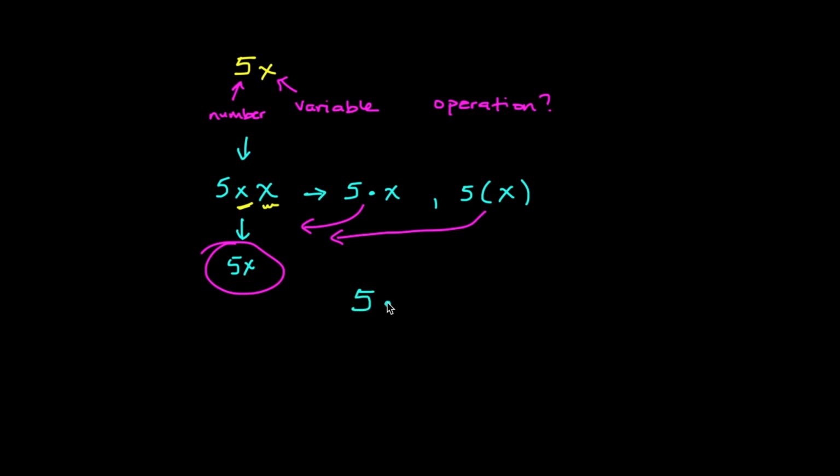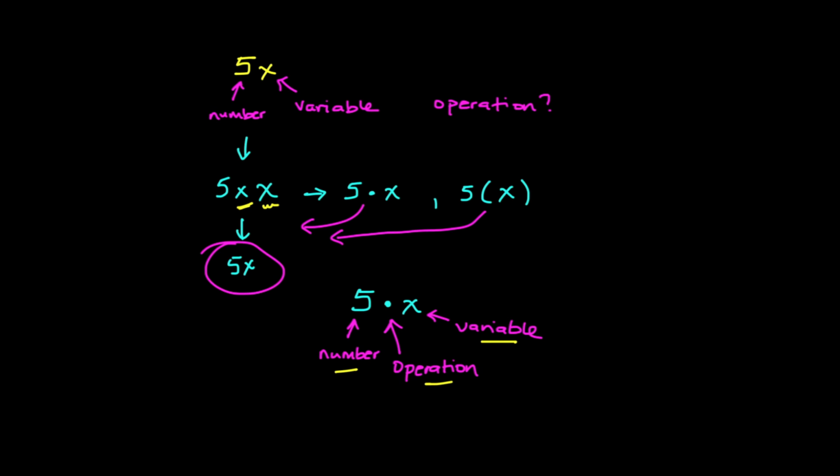We have a 5 dot x. We would have our number, we would have our operation, and we would have our variable. And again, those three components, the number, the operation, and the variable, are what make up an expression.